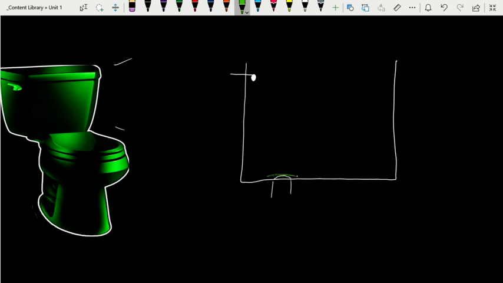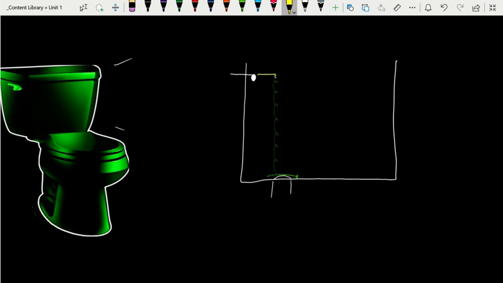It's essentially called a flapper. And this flapper, hinged right there, is connected to a chain. And that chain is connected on the inside to a little bar that's associated with the handle.